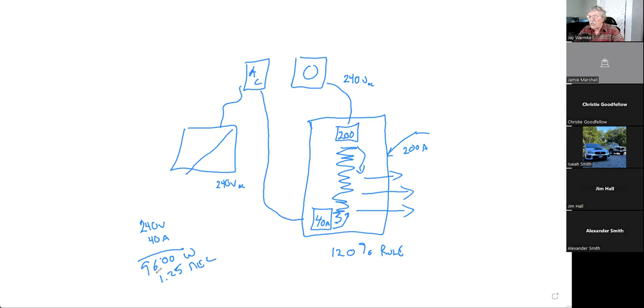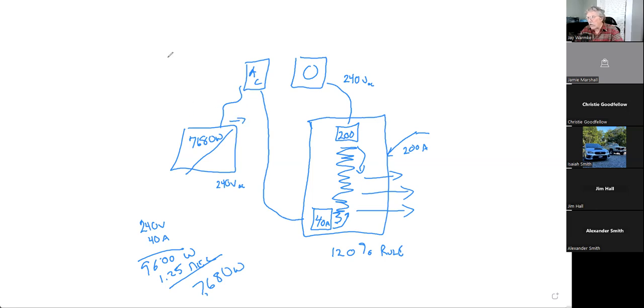Well, in this case, we would take 9,600 and divide it by 1.25, and I end up with 7,680. So that is the maximum. 7,680 watts is the maximum output of that inverter.